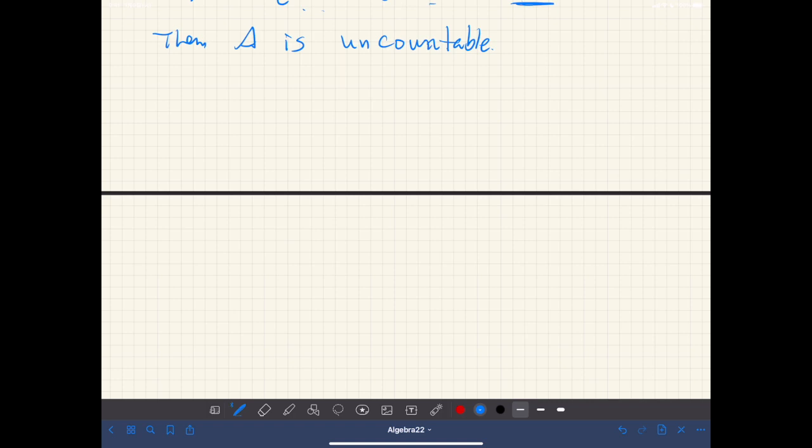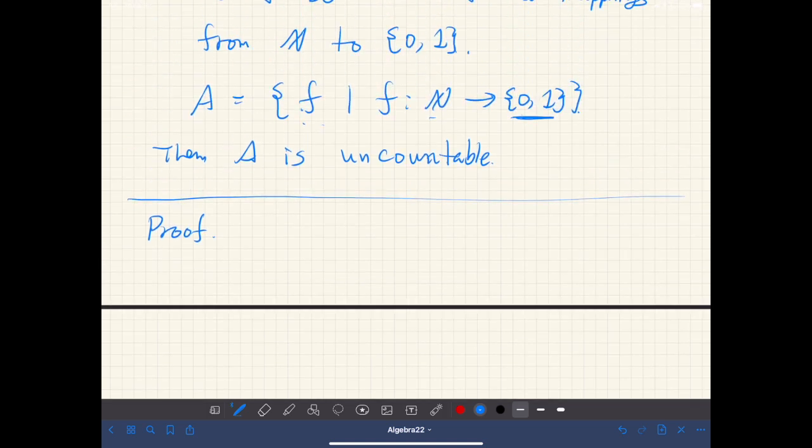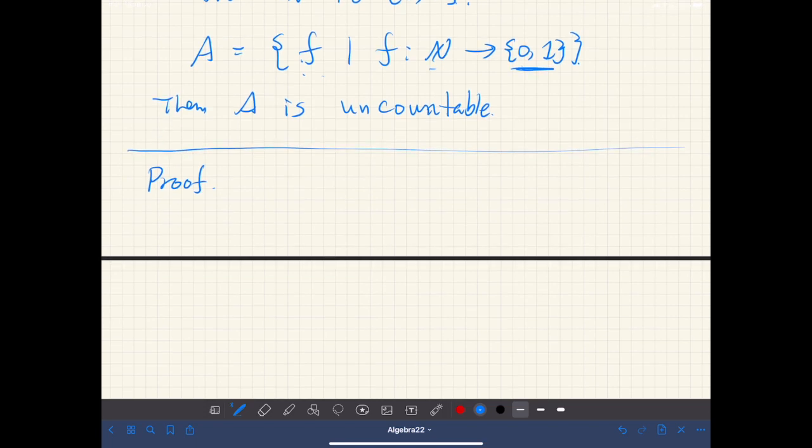We prove this by contradiction. Since we want to prove that A is uncountable, suppose A is countable.